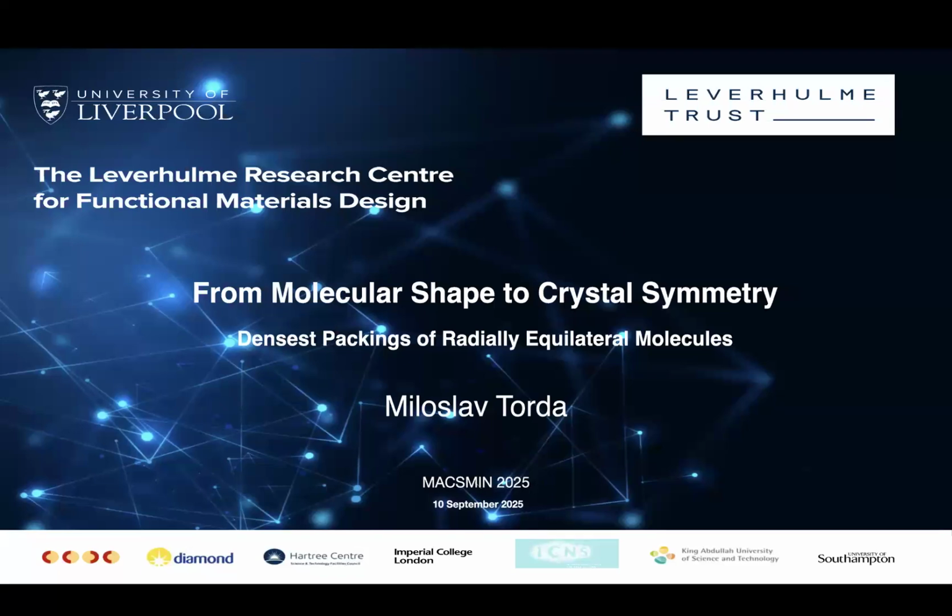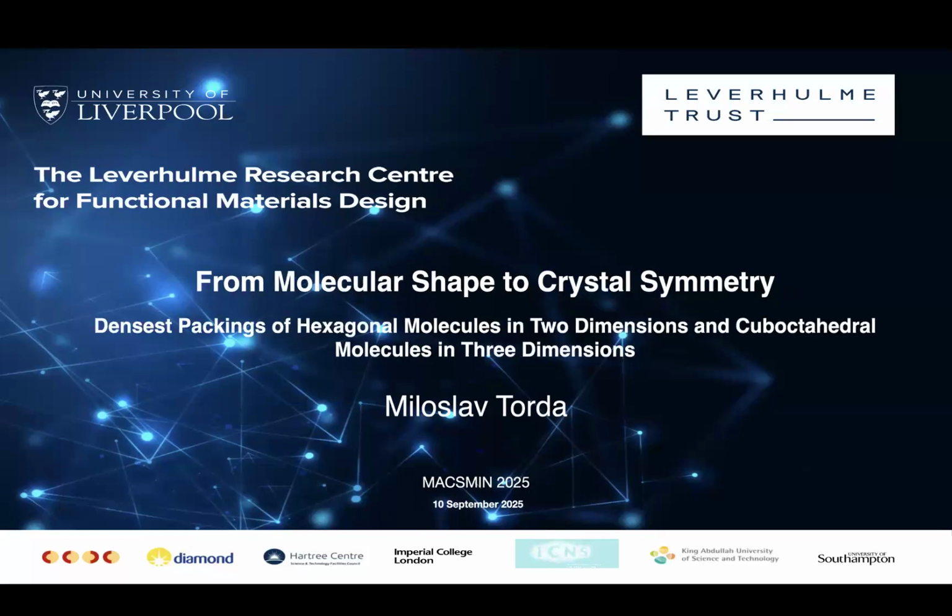So the title is a bit misleading. It should actually be like this. I didn't want to have three lines of a title, so I tried to make it shorter. One common thing about hexagons and cuboctahedra is that they are radially equilateral.